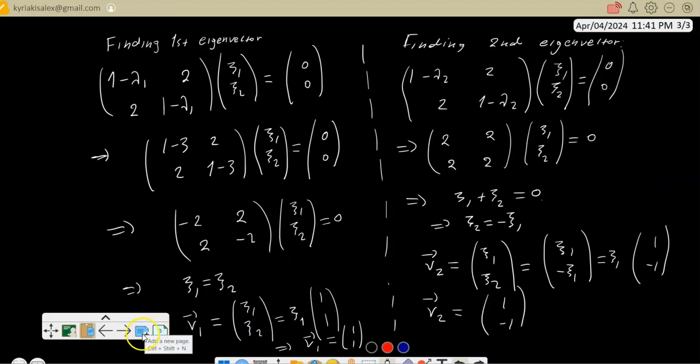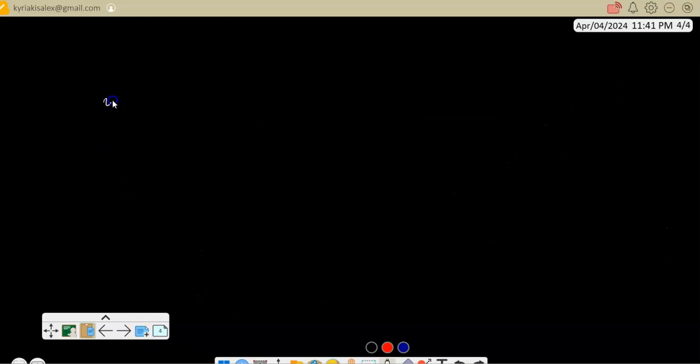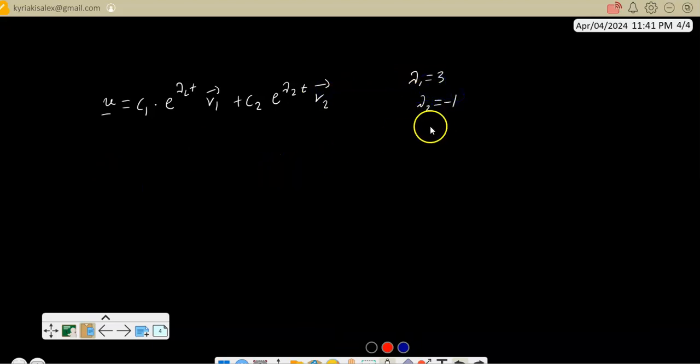Now that I have everything, I can explicitly write down my solution. U equals C1 times e. Let me write again the formula: e to the power of lambda 1 times t, V1, plus C2 e to the power of lambda 2 times t, V2. Lambda 1 equals 3, lambda 2 is minus 1, V1 equals 1, 1, the two eigenvectors, V2, 1, minus 1.